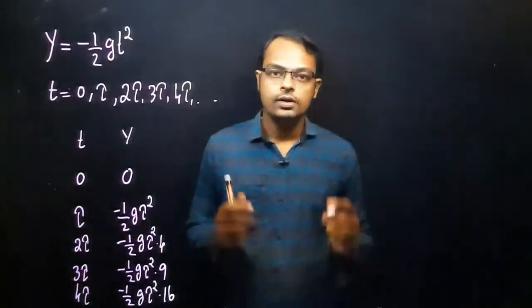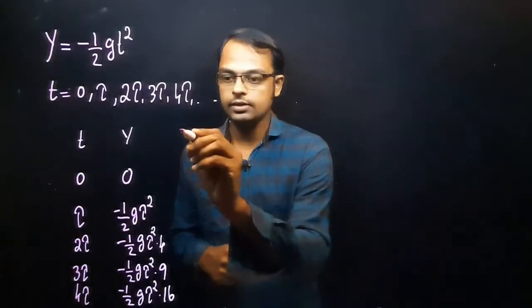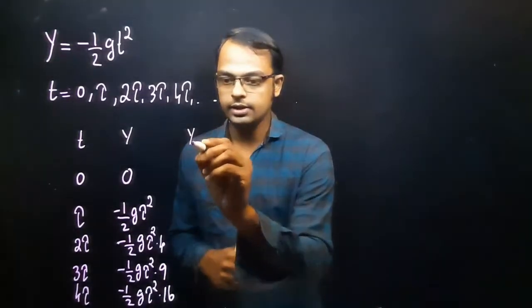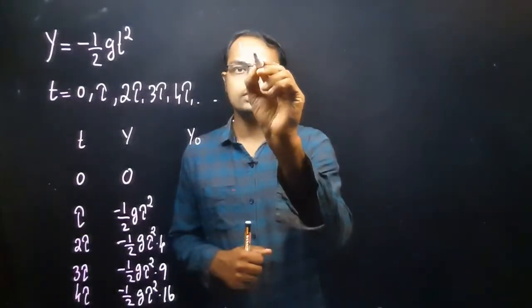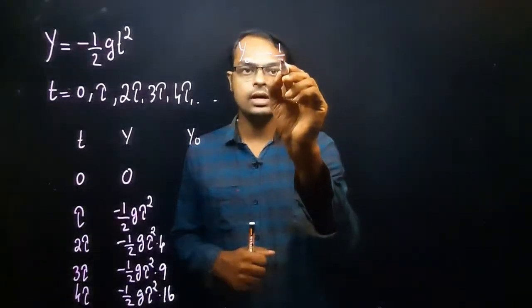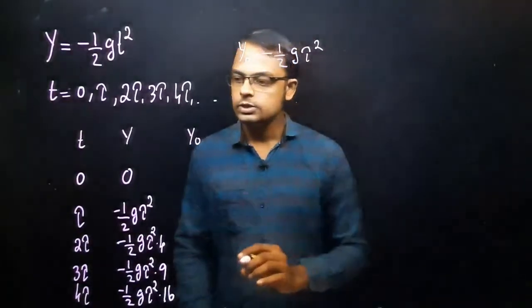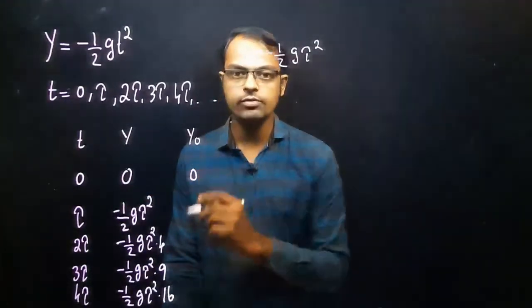Now let's write y in terms of y0. Say y0 is equal to minus half g tau square. In terms of y0, the first value is 0 itself.